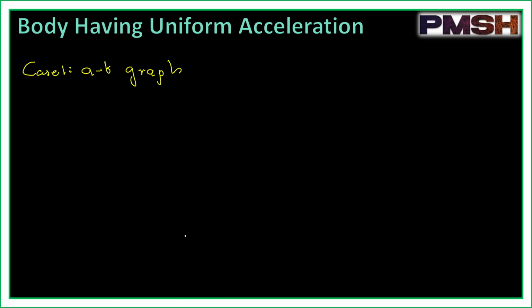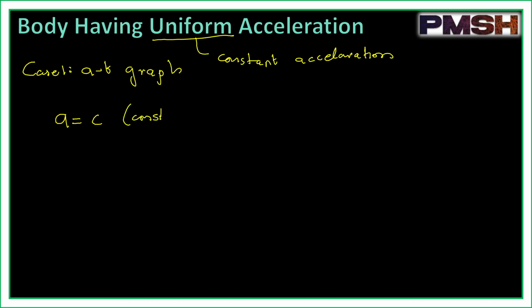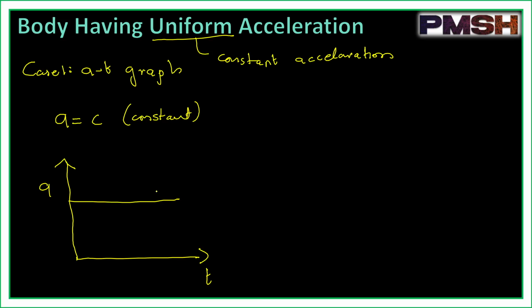The word uniform means constant, so it is constant acceleration. So acceleration is equal to c, a constant. The graph will be parallel to the x-axis.